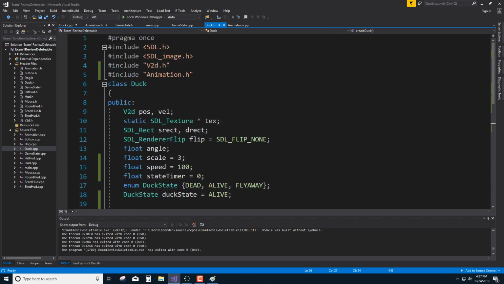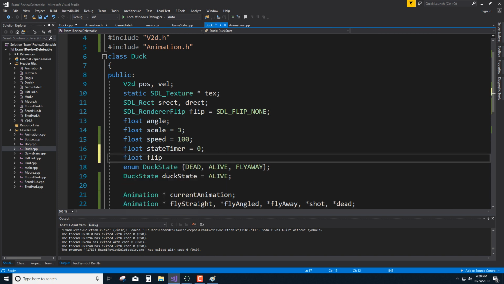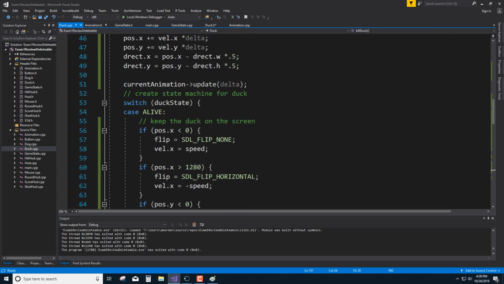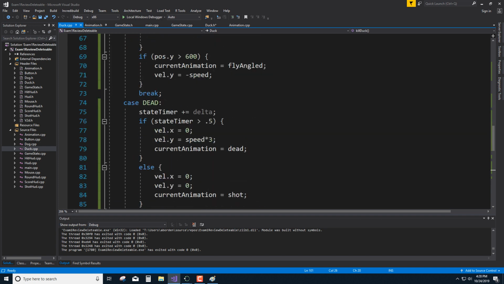Okay, in duck.h, I'm going to put a flip timer and set that equal to 0. And then in the duck dead state, so case dead, this is where he's falling right here.